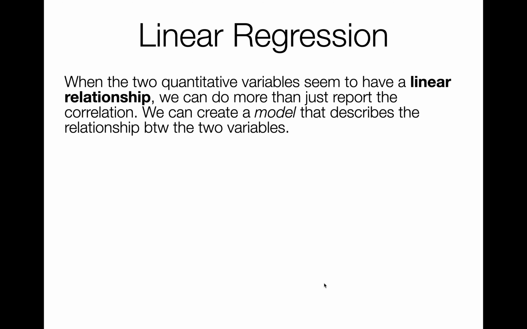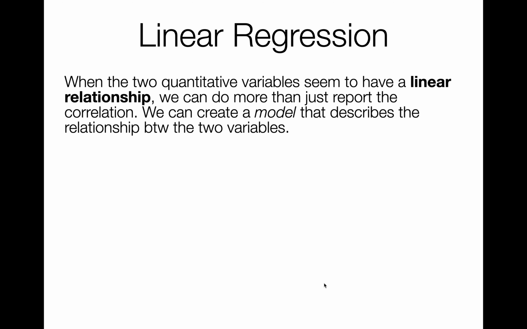All right, so in addition to the correlation coefficient, which describes the strength of a linear relationship, we can do something extra when we have linear data. We can do more than just report the correlation. We can create what I'm going to call a model that describes the relationship between the two variables.